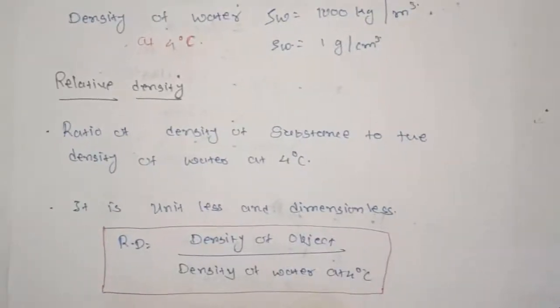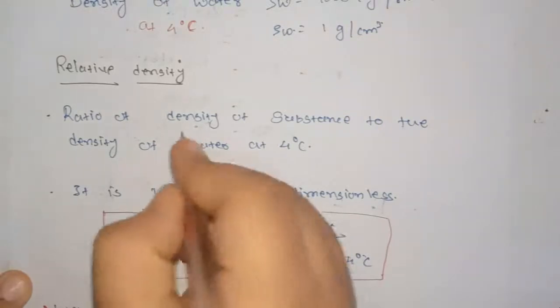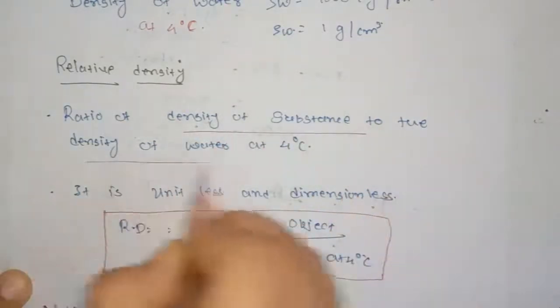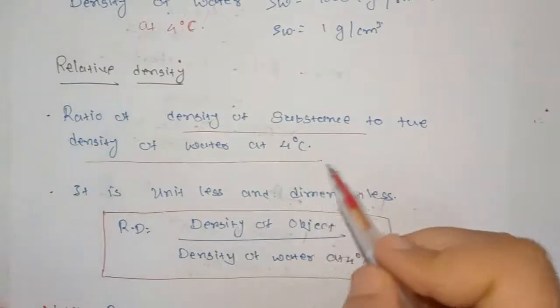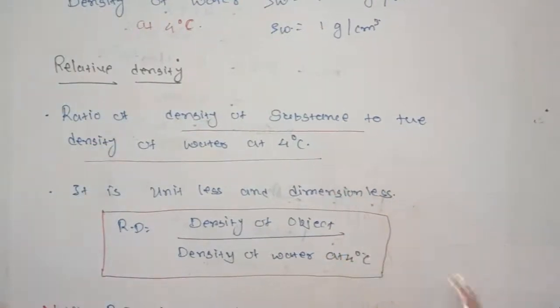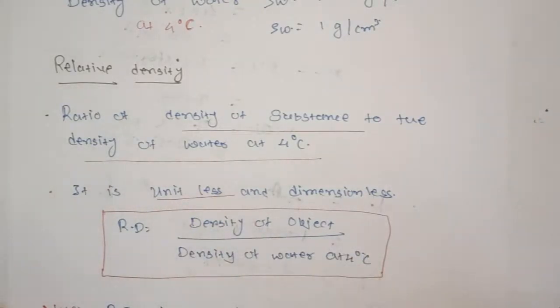The relative density. Relative density is the ratio of density of substance to the density of water at 4 degrees Celsius. We are taking density of water at 4 degrees Celsius because at this point the density is maximum. It is unitless because density divided by density will be cancelled out.